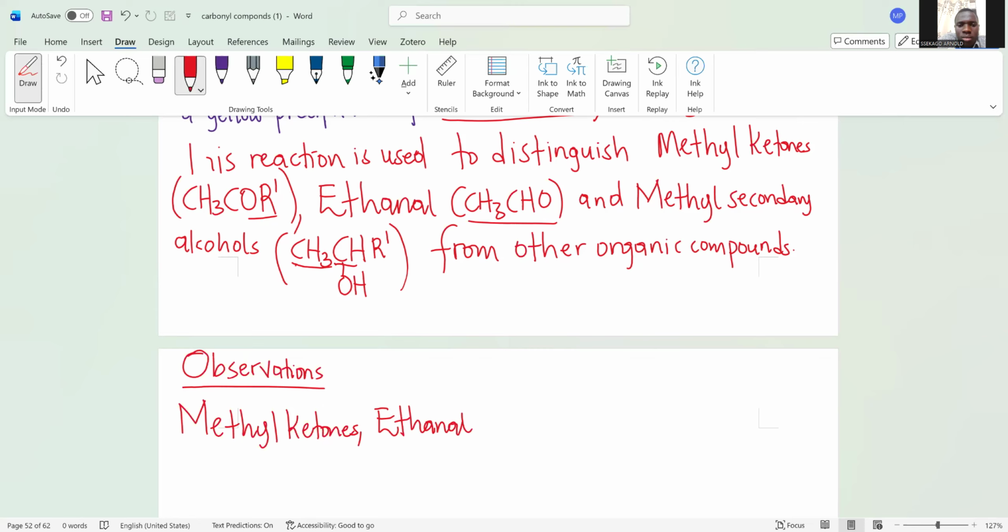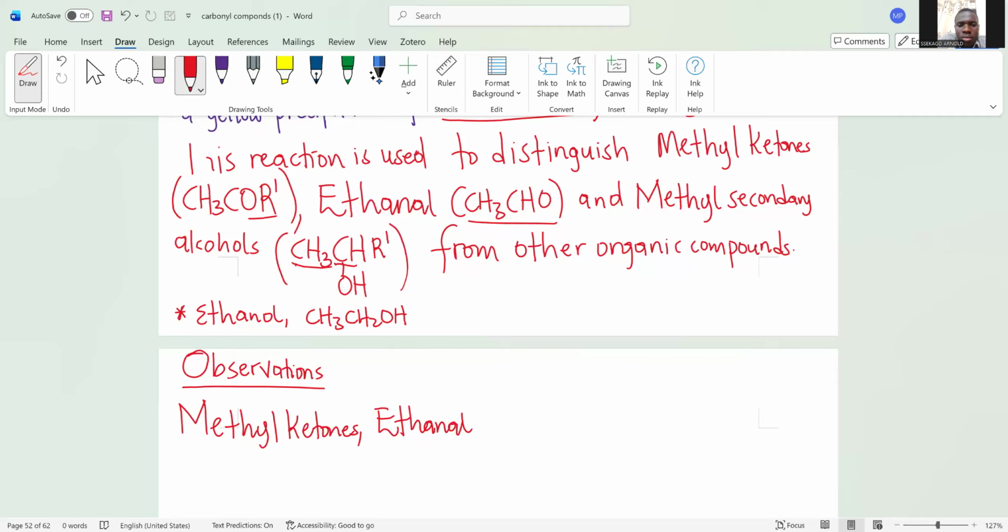By the way, methyl secondary alcohols have this structure. So for alcohols, this reagent is looking for CH3CHOH. There is also ethanol. Ethanol also undergoes the test. I had forgotten. But I think this will be emphasized under alcohols. Ethanol, CH3CH2OH, is short.